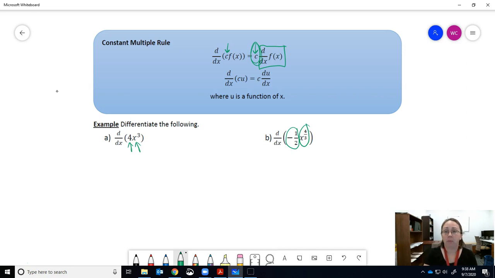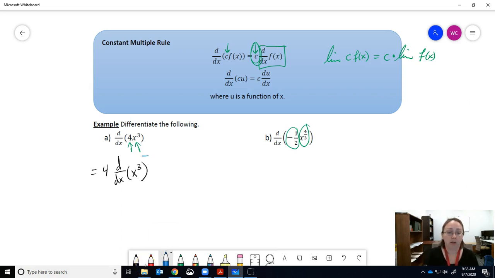We did that with limits. Remember, we had the limit of c times the function f of x. We talked about how we can take the limit of the function and then just multiply by the constant. We can take the constant out. So same thing here. We're going to take the constant out and take the derivative of just the x part.